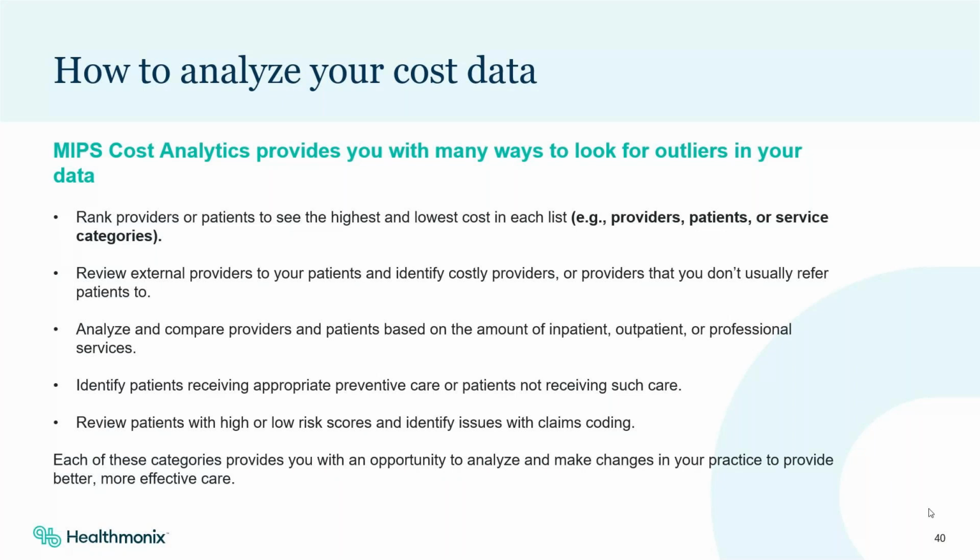So this is a big one for us, where we see patients who, when you look at their risk score, it will tell you that this is a very healthy patient. And then when you look at the treatments being done, it tells a different story. So our system is very valuable in assisting you in finding those kind of stories where you can see that this patient obviously needs a lot of care and they're receiving a lot of care, but what CMS is believing is that this patient is actually very healthy and shouldn't need that care. And that's going to really hurt your cost score. Next slide.